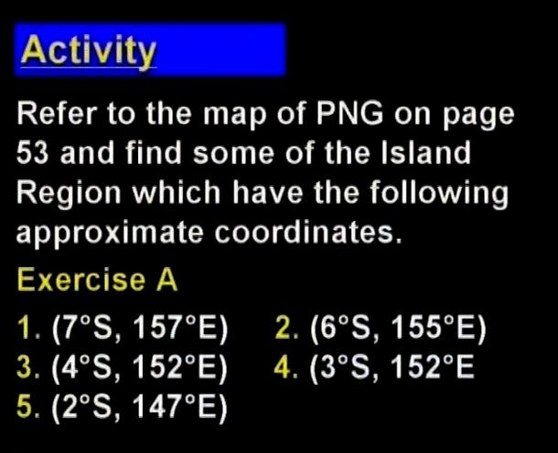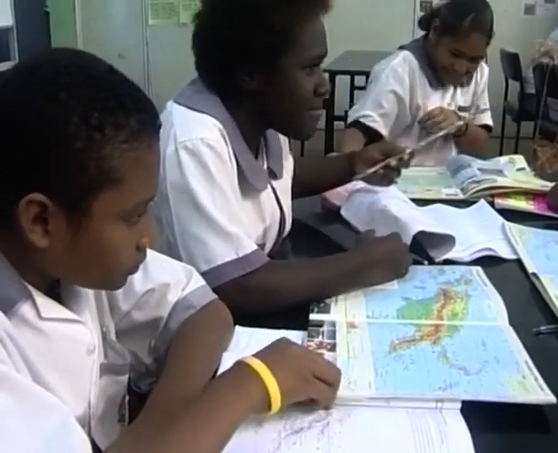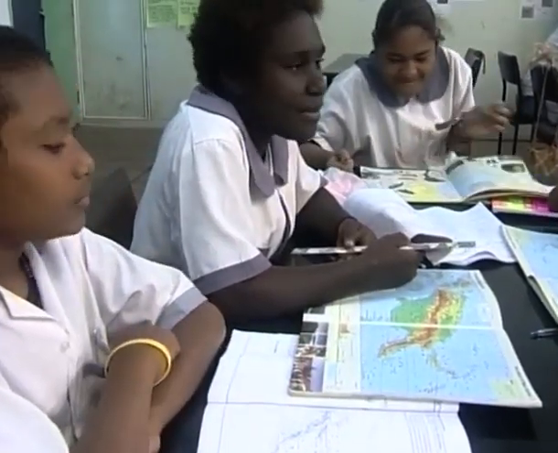All right, so in today's activity, we are going to do exercises that will take us back to our previous lessons. Right, let's do one as an example. You are going to open your atlases to what page, class? Let's see if you can please open to page 53. Page 53 will show you the island of New Guinea.